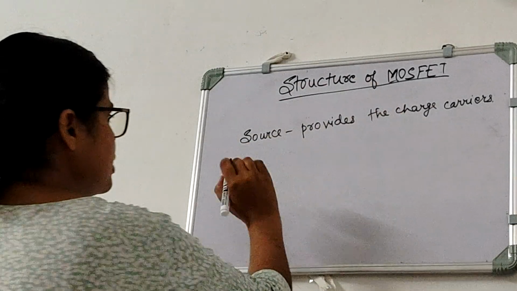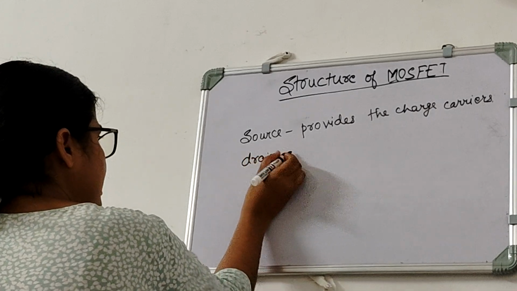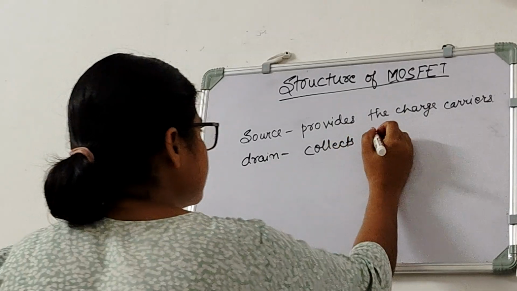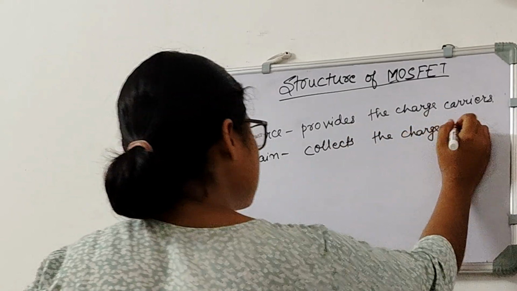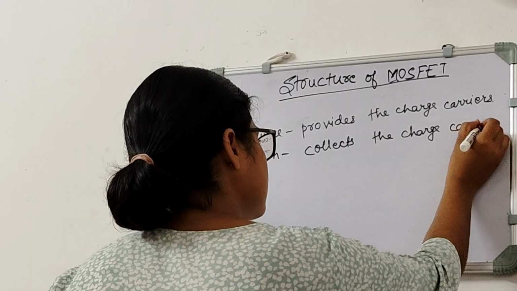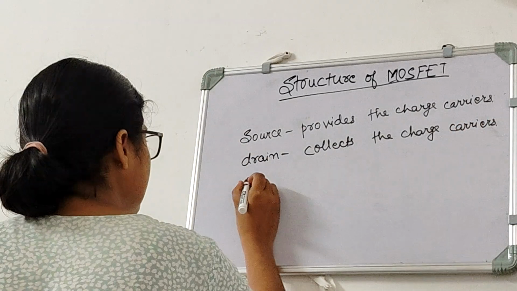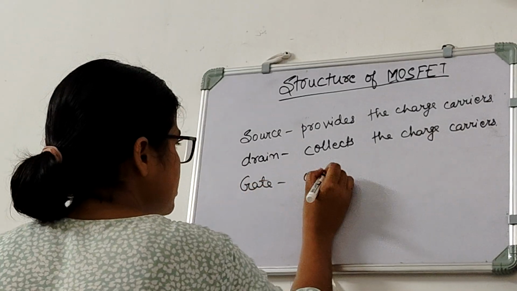So source provides the charge carriers, and what does drain do? Drain collects those charge carriers. What does gate do? Gate controls the flow of charge carriers.